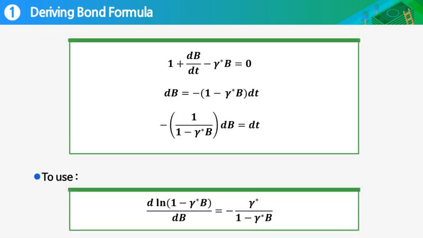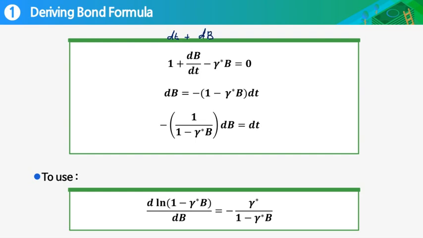So 1 plus dB over dt minus gamma star b equals 0. Now, let's decompose the dB term and the dt term. Let's multiply by dt on each side. Then we have dB.